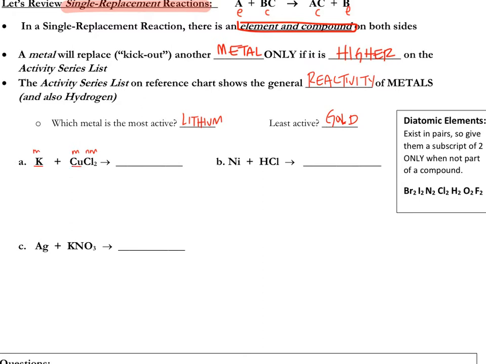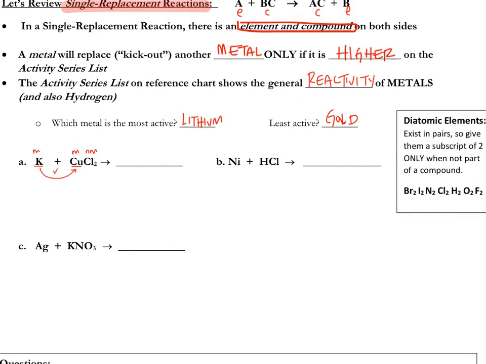So let's take a look in our activity series. We want to see if potassium is higher up on the list than copper. So I know that this reaction will take place. So that means that potassium will replace copper, because it's higher up on the list.